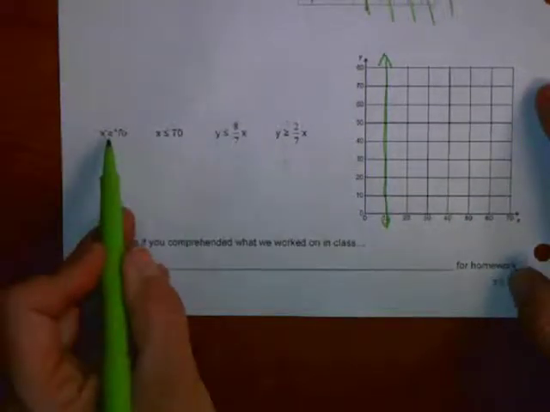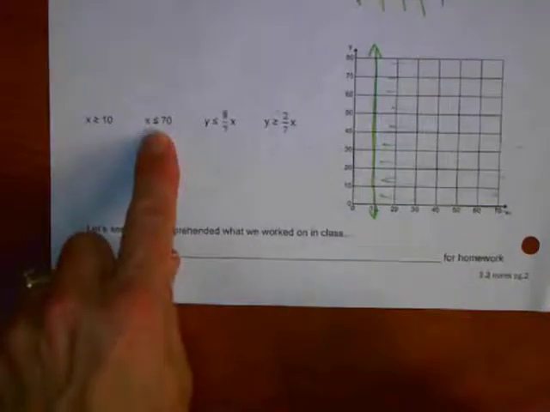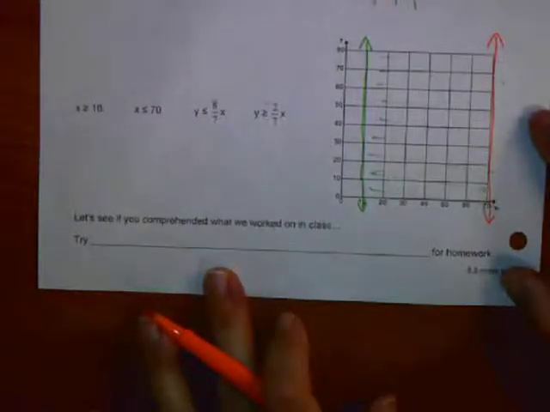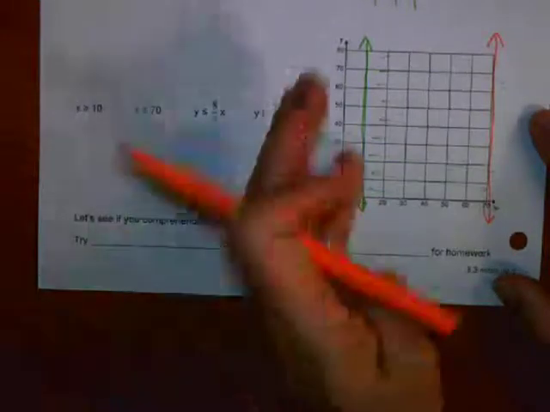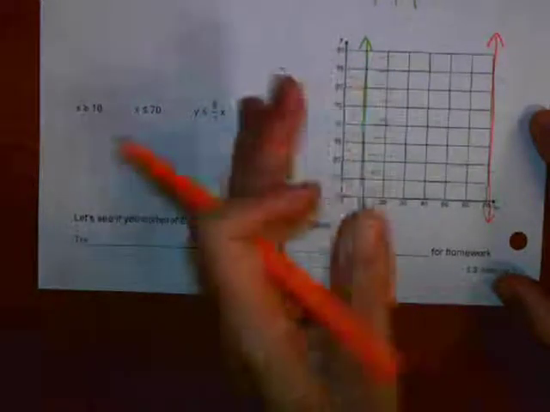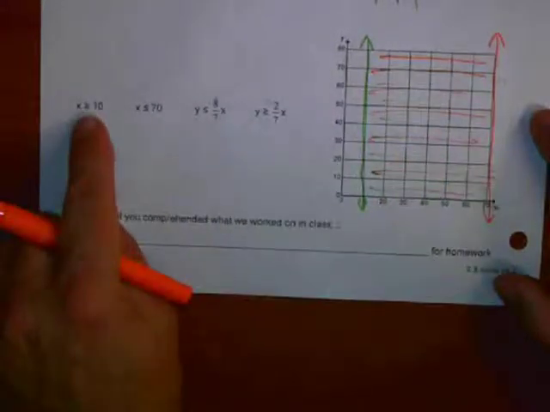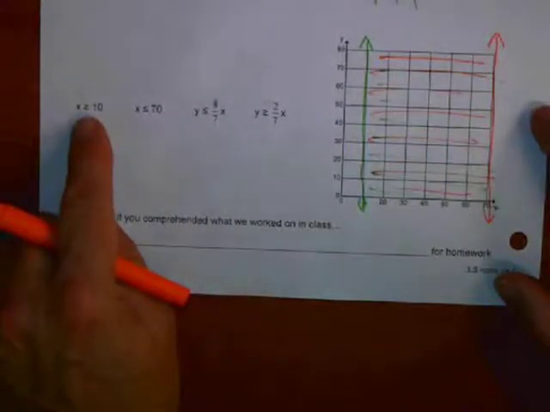So it's everything greater than that, so it's just going to go this way. Okay? Then this one is vertical through what? 70. Solid line. And it's everything less than, but we already know that it's not going to go past this. So, because it has to be greater than or equal to 10, right?